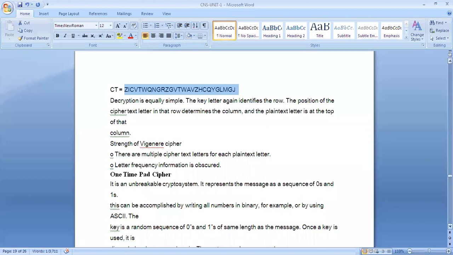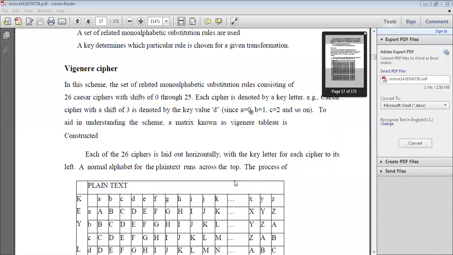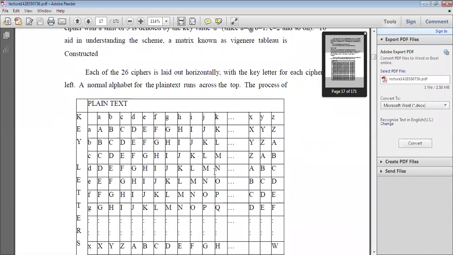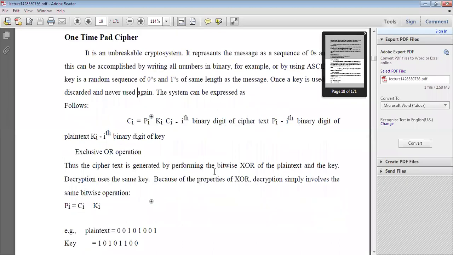Next one is the one-time pad cipher. In the one-time pad cipher technique, first, this is an unbreakable crypto system.